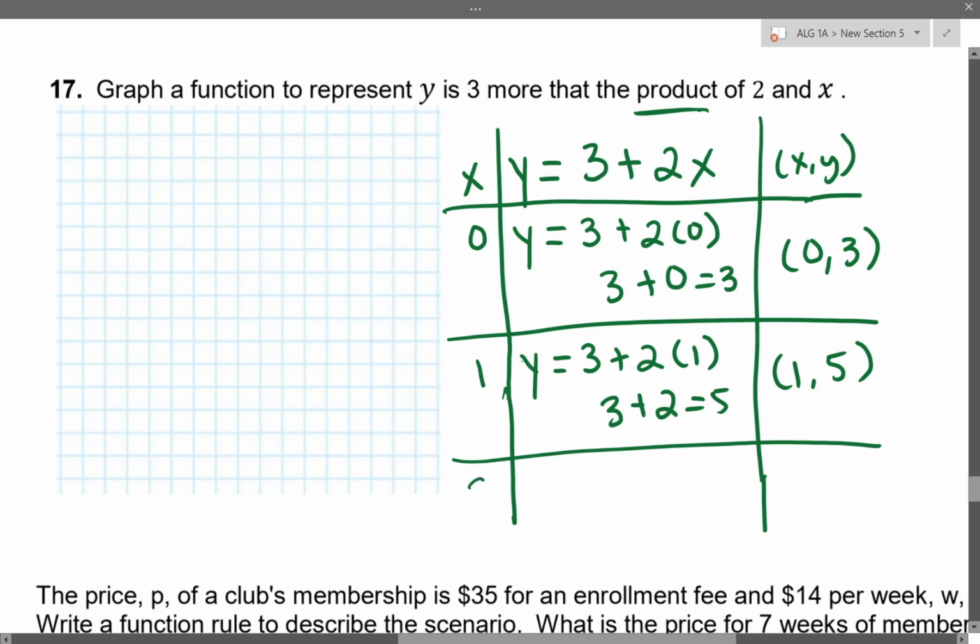And last but not least, the second easiest one is 2. So y equals, every time I see an x, I'm going to put a 2. 3 plus 2 times 2. 2 times 2 is 4, plus 3 is 7. My input here was 2, my output was 7.